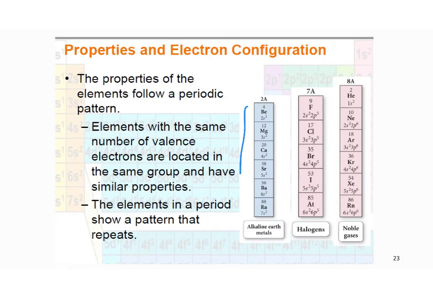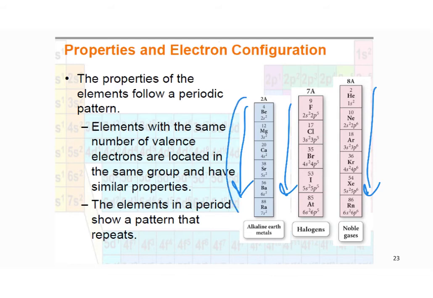Remember, we have said this before, the elements that are in the same group, the same vertical family, have similar properties. So now we know that elements in the same group not only have similar properties, but they also have the same number of valence electrons, and those two trends are related. I told you the number of valence electrons determines chemical reactivity.